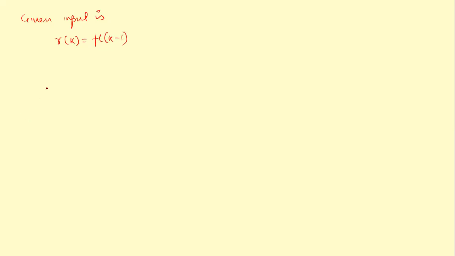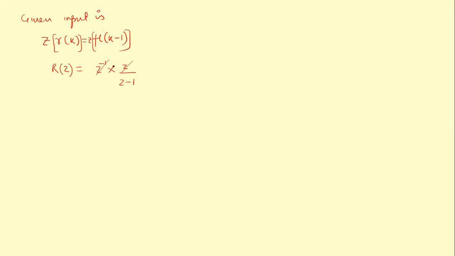Now if we take the z transform of this, we'll get Rz. So Rz will be, it is delayed, so delay means one delayer will be there, and the unit step will be z by z minus 1.